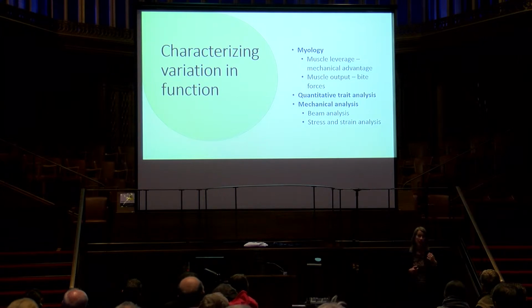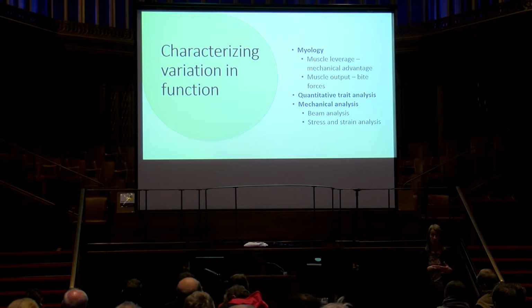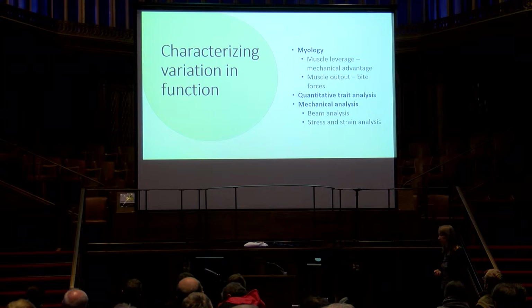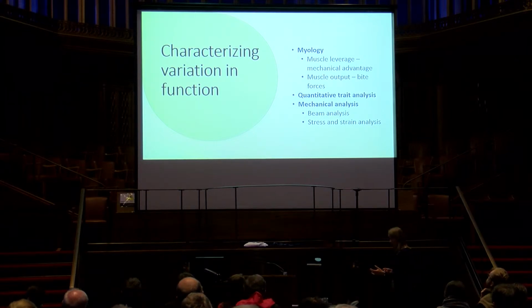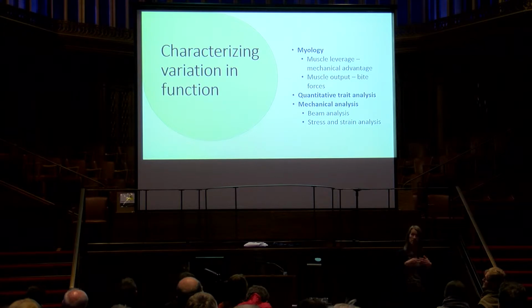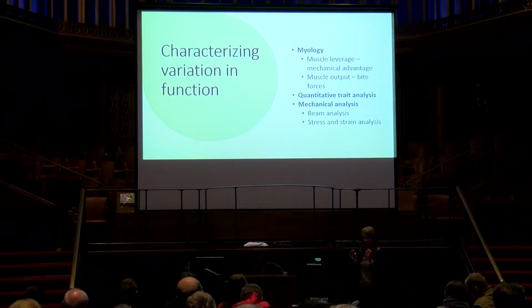We can also look at the output that muscles can generate in terms of bite forces within the skull. We can do quantitative trait analysis as well, taking a series of traits which we deem to be functionally important and seeing how they plot out in multivariate space. Similar to the shape analysis, where taxa plot closely together, they share similar functions.